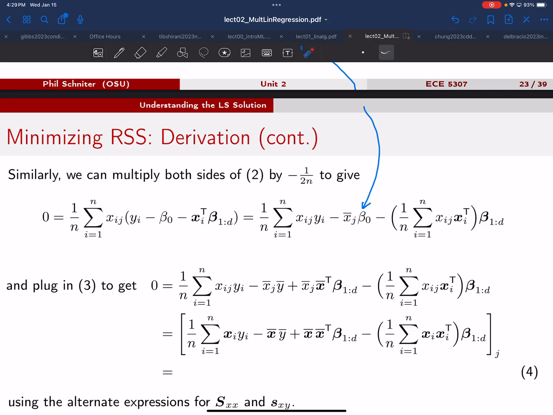Here's a little trick we can do. xij, we can think of as the jth component of the xi vector. This xi vector, if you remember, has elements xij, where j goes from 1 to d. So this is just the jth component. Notice that I'm putting square brackets around everything and looking at the jth term.